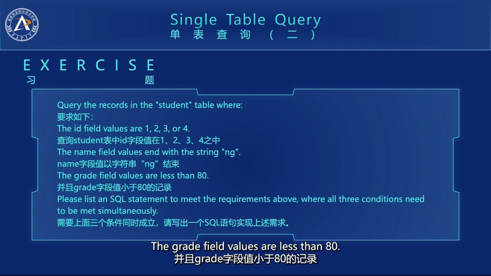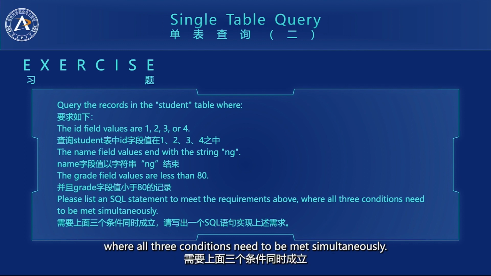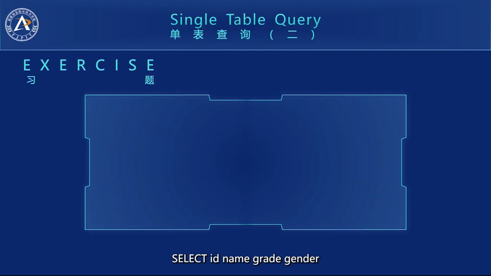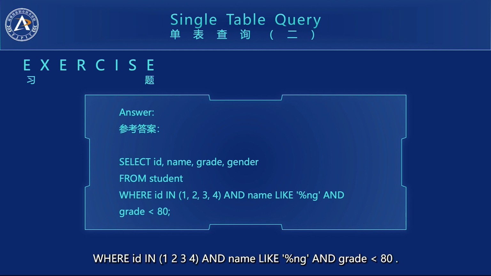The grade field values are less than 80. Please list an SQL statement to meet the requirements above, where all 3 conditions need to be met simultaneously. Answer. Select ID, name, grade, gender, from student, where ID in 1, 2, 3, 4 and name like %NG and grade is less than 80.